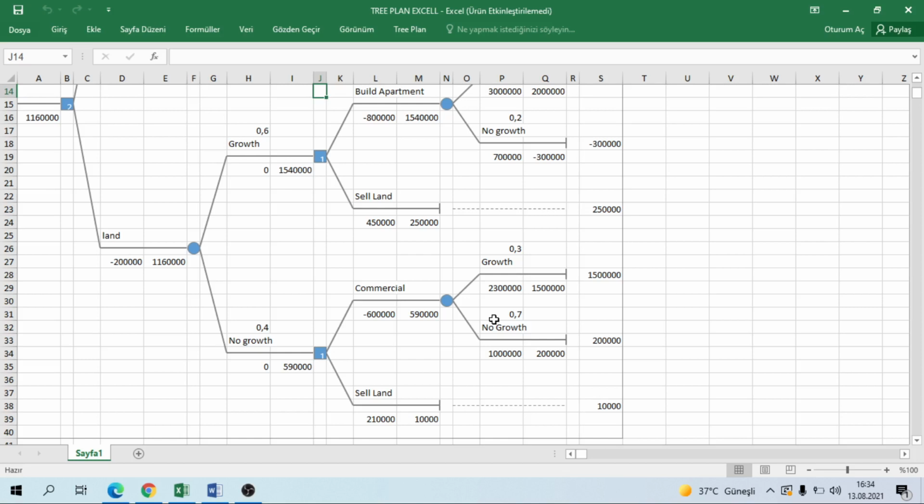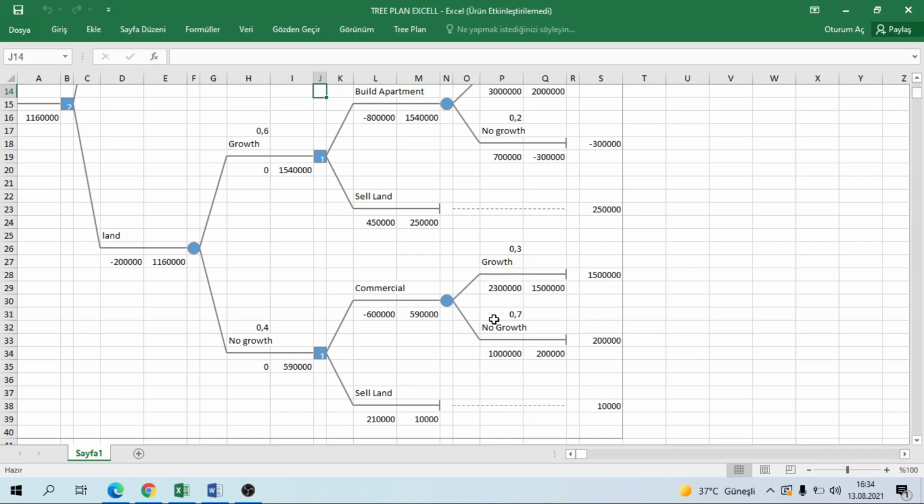On the other hand, if he or she has invested in land commercially and predicts a population increase in that region, he or she sees a good probability ratio of 0.7.